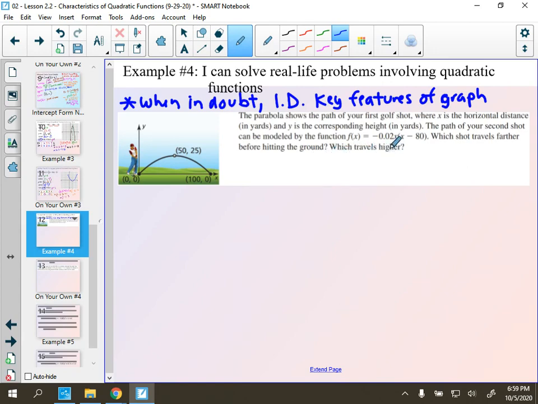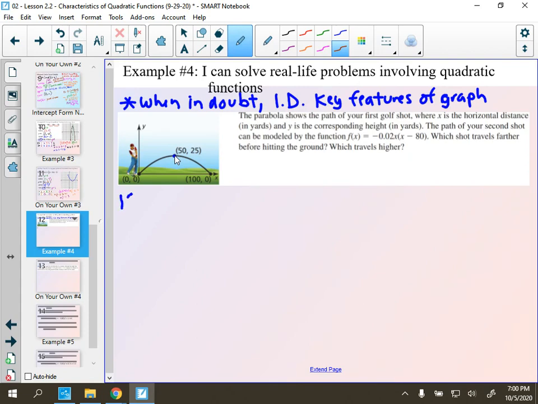Which shot travels higher? Let's break this first graph down, tying some of these numbers to the horizontal distance and vertical distance. The first thing that jumps out at me is the vertex of this parabola is the point (50, 25).